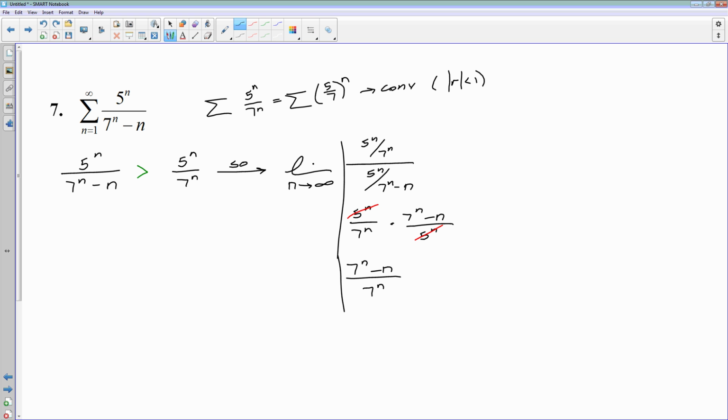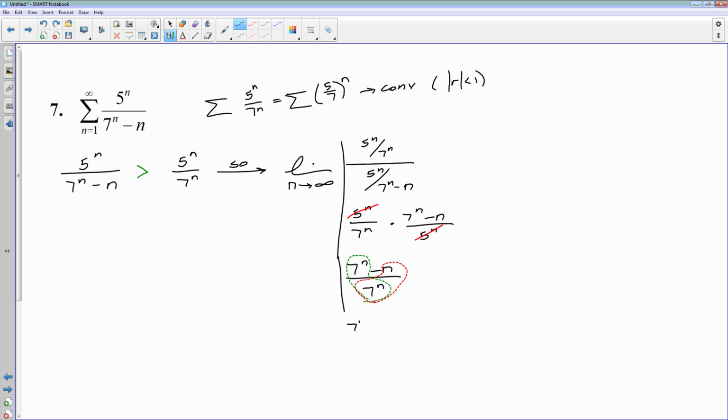And trying to evaluate that limit, we have a couple of options. The one I'm going to take is to split this using STDs, single term denominators. I'm going to split it into 7 to the n over 7 to the n minus n over 7 to the n. Clean it up a little bit.